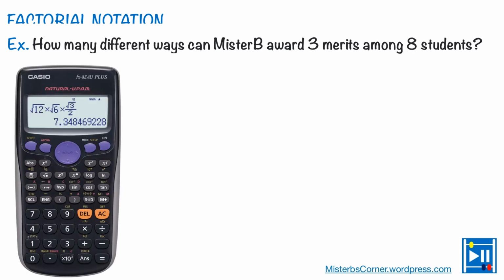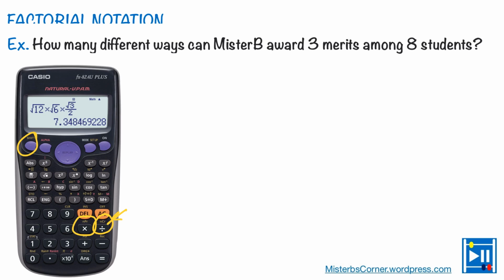In your calculator, you can see the permutation calculation, which we won't be using much here, whereas the combination calculation you will see here. So pressing Shift and then the division button will give you the calculation.